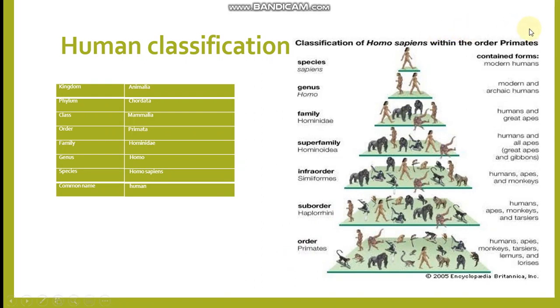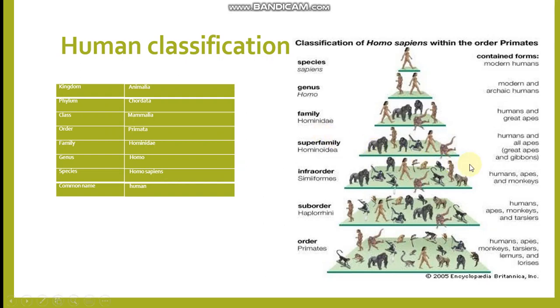Various species of human, like modern humans and archaic or old humans, are grouped together to make a single group called Homo, or genus. Humans and great apes, because they resemble each other in body structure, are grouped together into a single family called Hominidae.